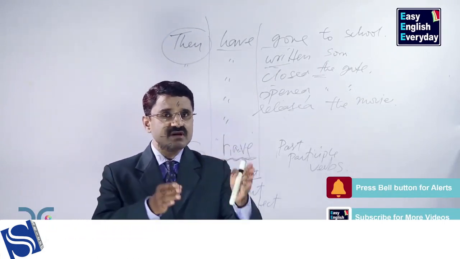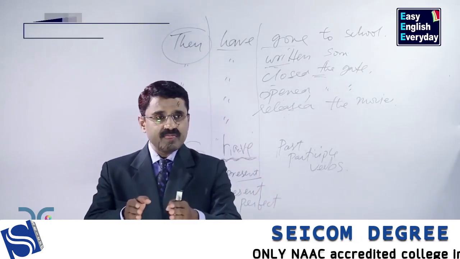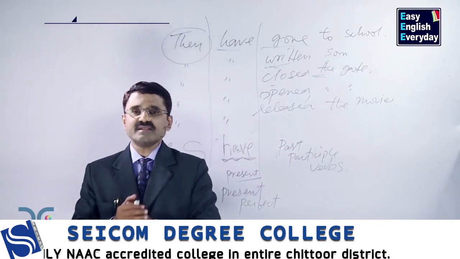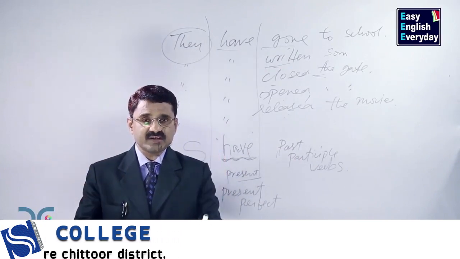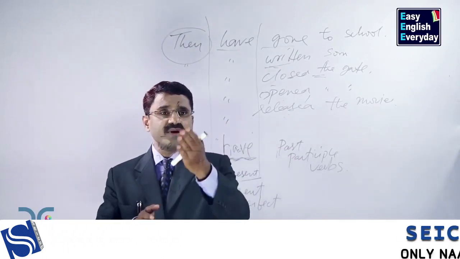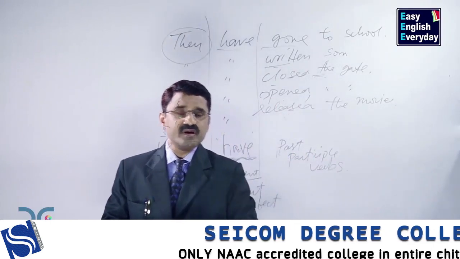They have served food on the dining table. When should I say this sentence? When the food is ready on the dining table, ready to be eaten by you, then you have to say they have served food on the table.